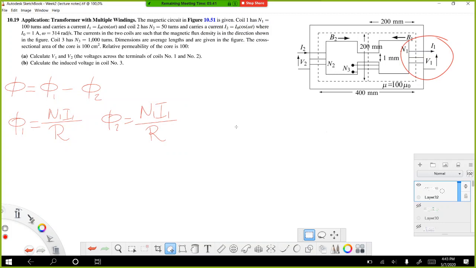So how do we compute the total reluctance of the core? Let me redraw.